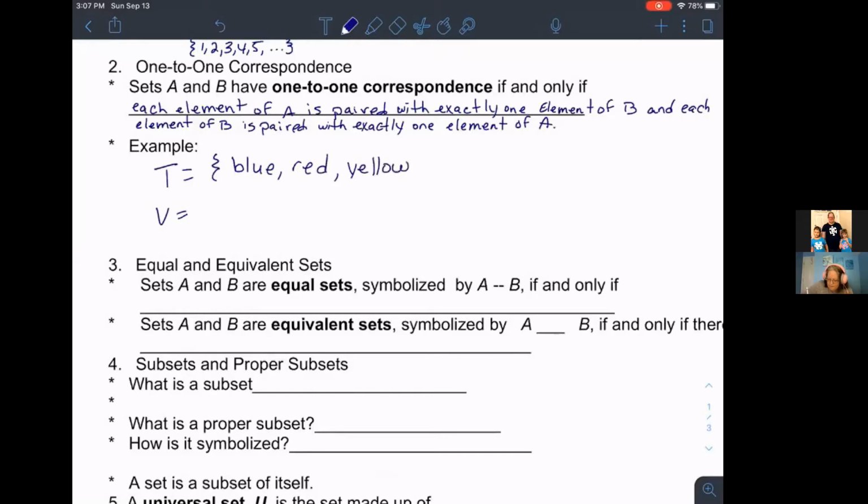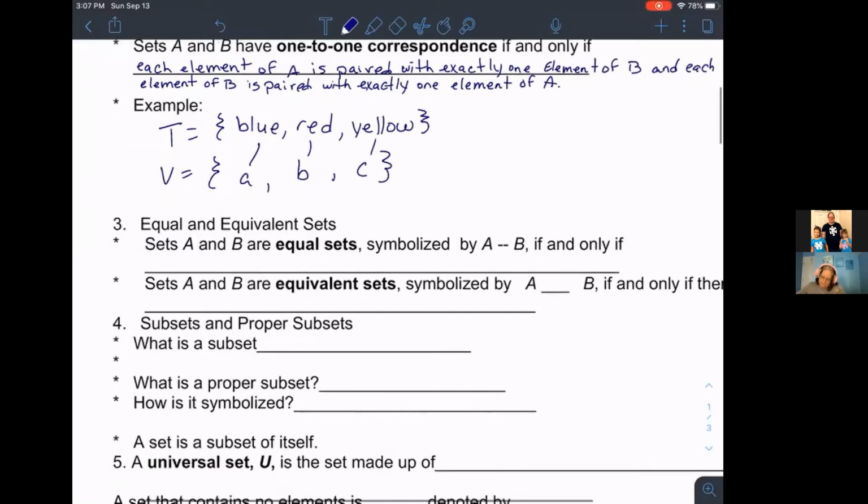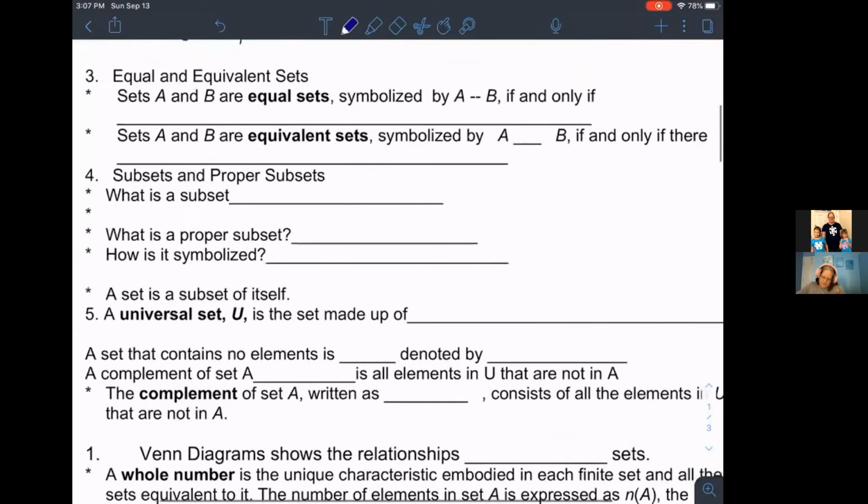And we're comparing them to set V, which is A, B, and C. They are one-to-one because each one has a corresponding item. So they each have 3 elements, so they can be compared evenly. Okay, so now we got equal and equivalent sets.